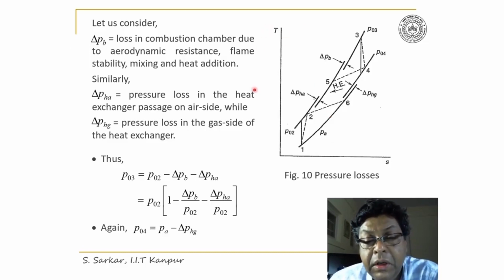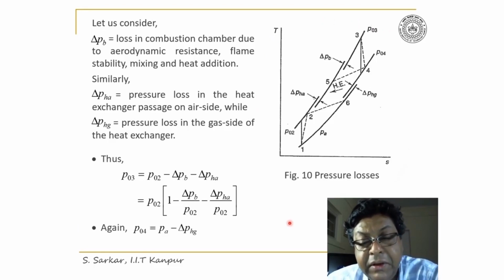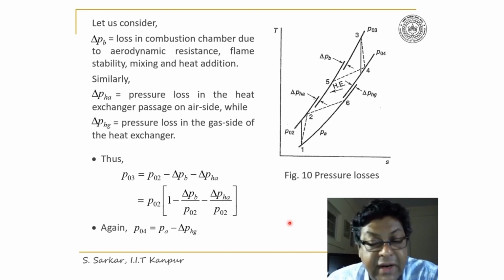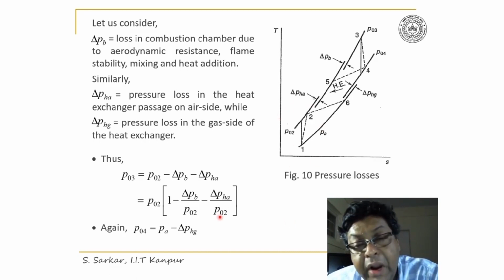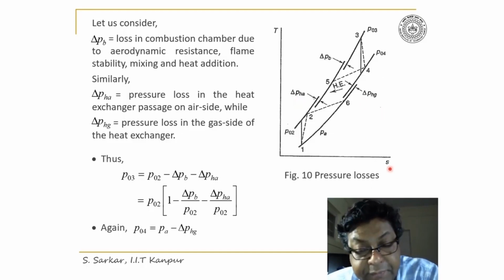Here, look, I have indicated on the TS diagram a simple gas turbine cycle with pressure loss, where del Pb, del Pha, and del Pag are marked.